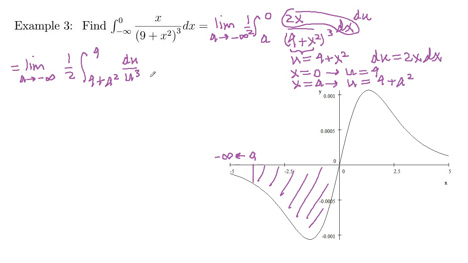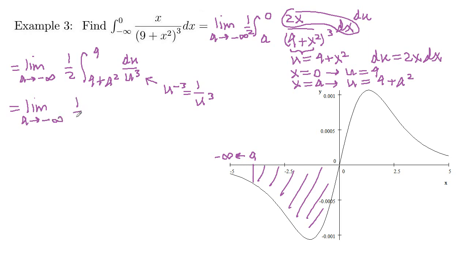Now u to the negative 3 is the same as 1 over u cubed. So we're really integrating u to the negative 3. So we want to increase the exponent, divide by the new exponent. So this will be limit a goes to minus infinity.